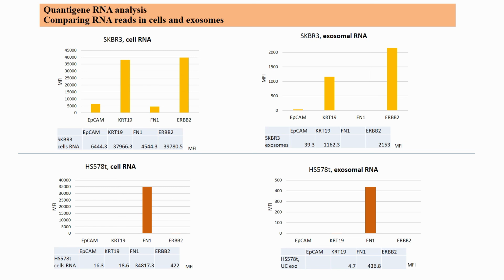Whereas HS570, which in this case for this particular panel is only positive for FN1, you also see the same trend in the exosomes which are derived from this originator cell.